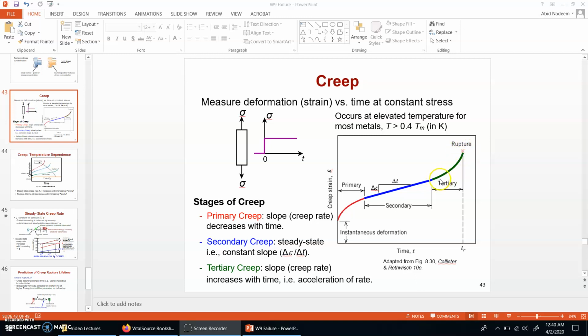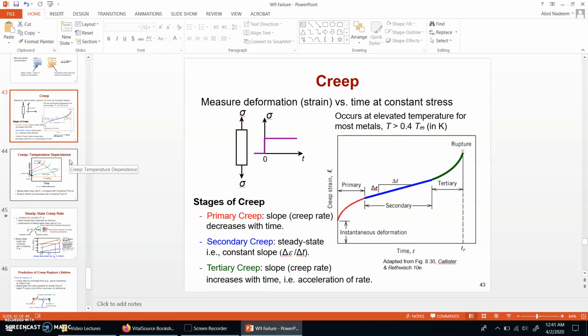The increase in the strain rate in this region shows that the specimen is undergoing degradation. The intergranular bonds may also be breaking down. This is the indication of the degradation in the material. However, from the start until the end, normally it takes a very long time for this rupture to take place. So we have this primary creep, secondary creep, and the tertiary creep.